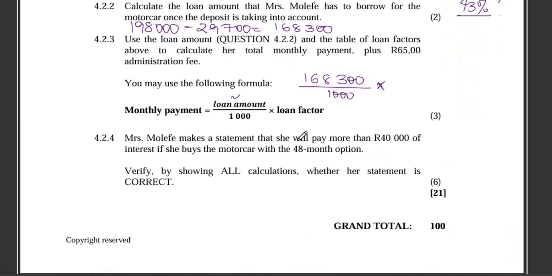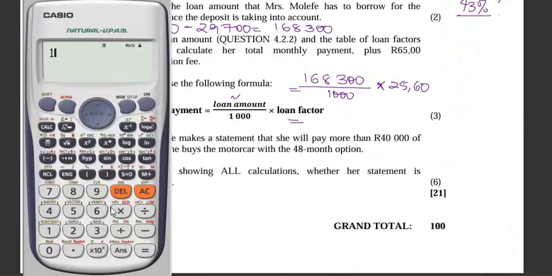Okay, so I believe you've got it, which is 25.6. What's the monthly amount? When you put this in your calculator, what do you get? 168,300 divided by 1,000 times 25.6.